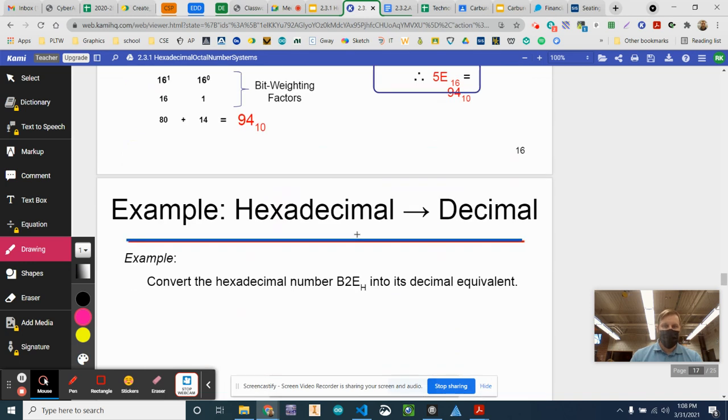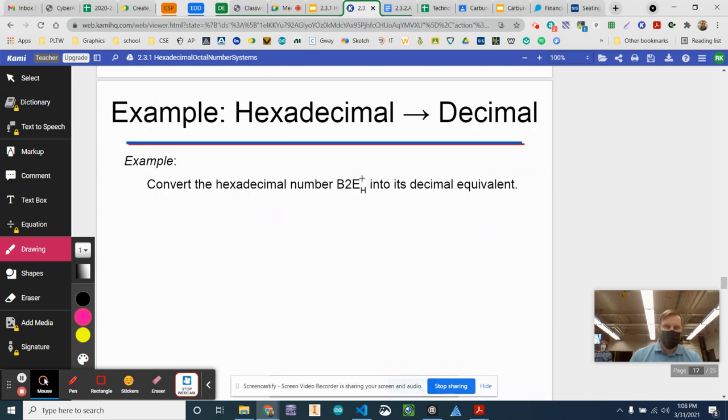All right, let's go the other way now. If we have a value in hex, let's go backwards, right? So again, I know we've got the 1's place, we've got the 16's place, we've got the 256 place. There's only 3 digits, so that's all we need right now.